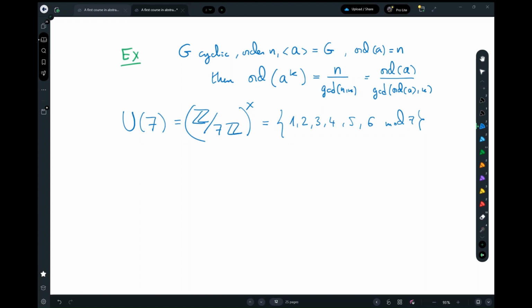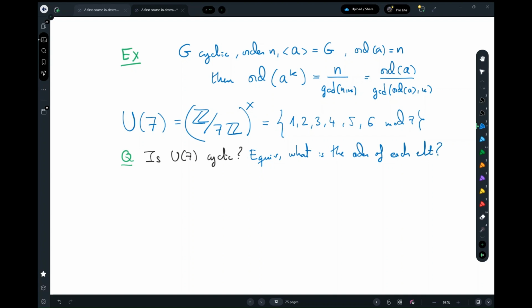So here's my question: is U7 cyclic? Well, if it is, then there would be a generator, and a generator would have order 6. So equivalently, I want to know what is the order of each element.